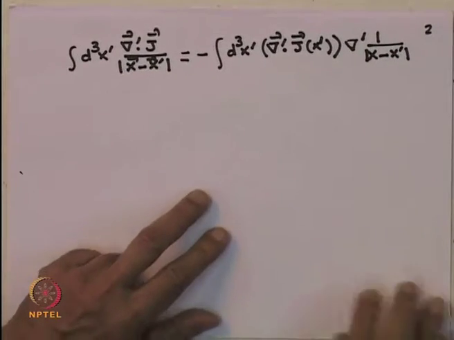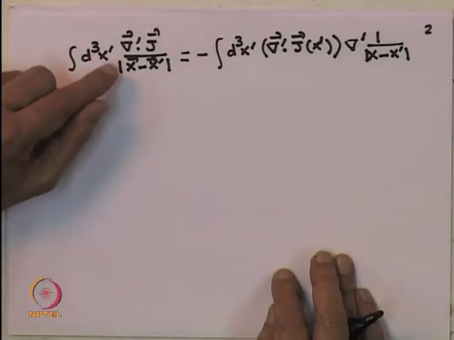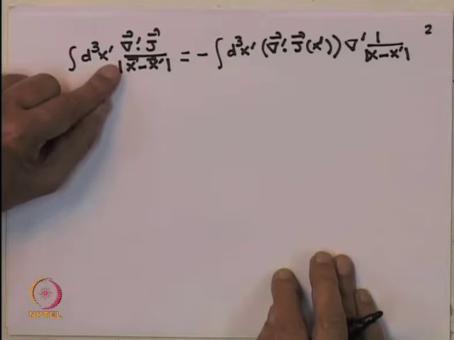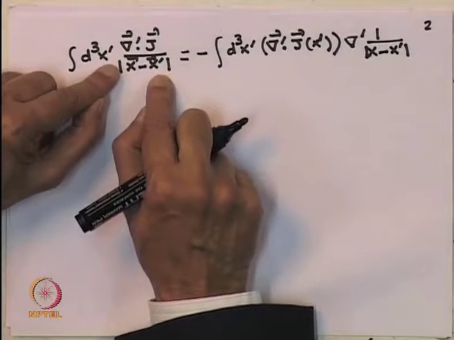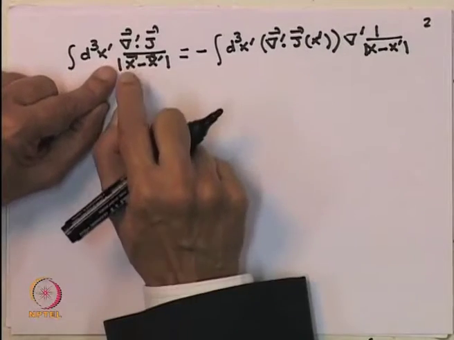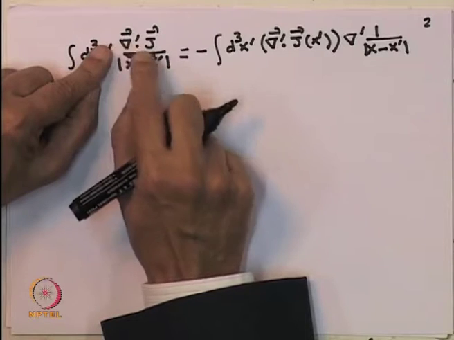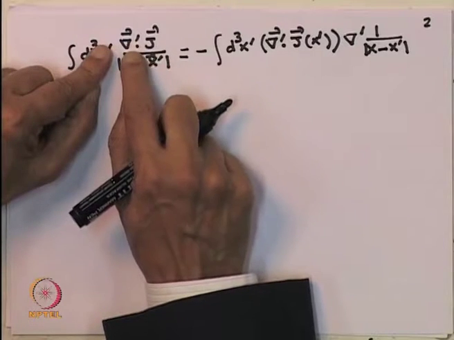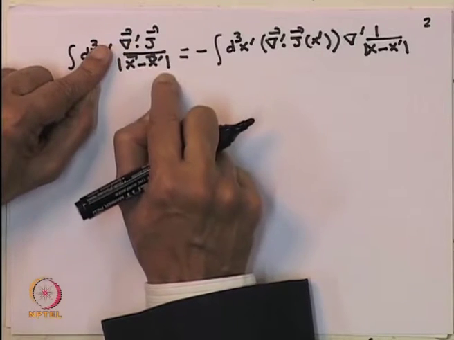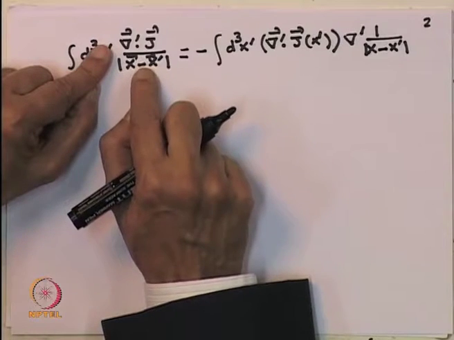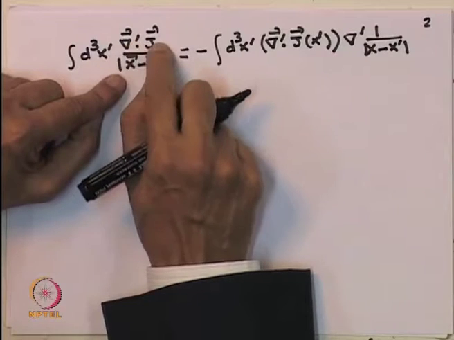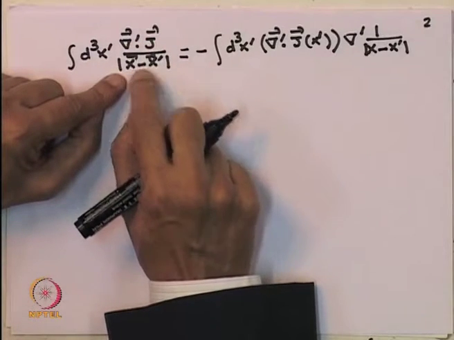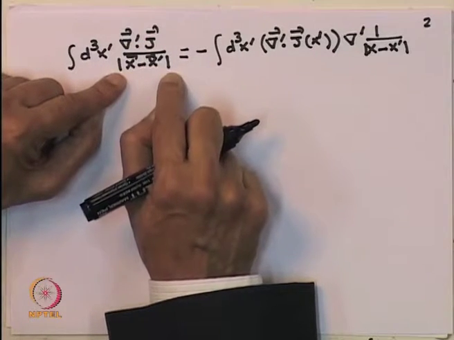See, what I do is this, that supposing I take a gradient of the whole thing, that is gradient means del prime of del prime dot j by x minus x prime. Then by chain rule differentiation, that is this factor multiplied with gradient of that, okay?